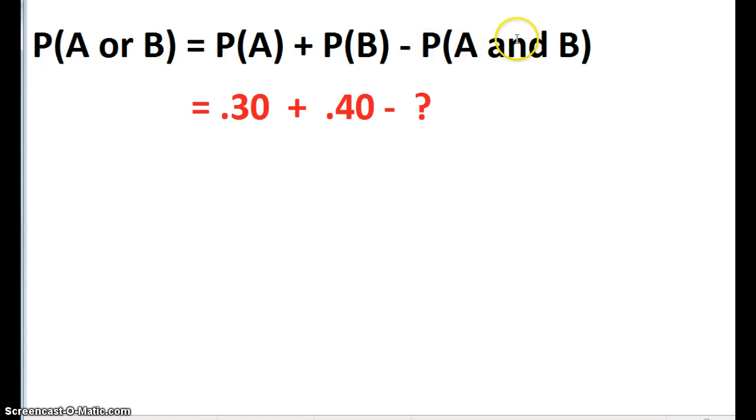Mutually exclusive means events can't occur at the same time. So yes, in part B, now we do have enough information because we know what we're going to be subtracting here is 0. So we can go ahead and get the final answer. If they're mutually exclusive, the probability of A or B would be 70%.